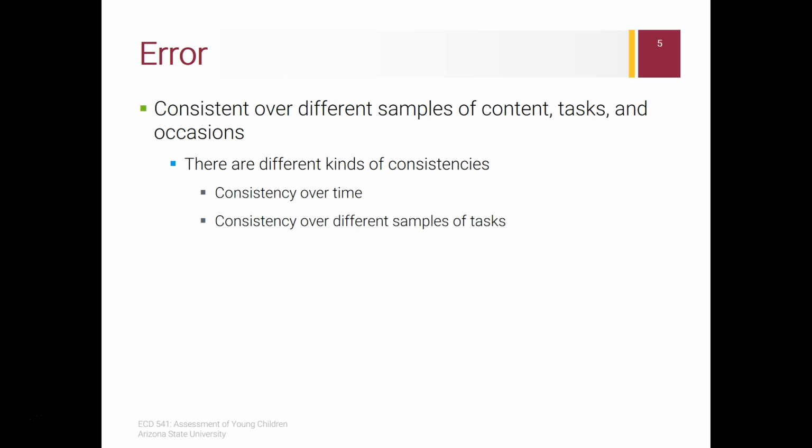There are different kinds of consistencies. Assessment results may be consistent in some ways, but not others. For instance, students' assessment results may not be consistent over repeated assessment on different samples of tasks, but may be very consistent over repeated assessment on the same sample of tasks over a month.